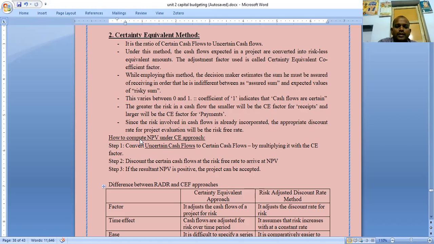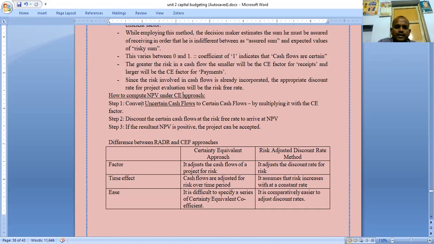So how to compute the NPV under the certainty equivalent approach? First, convert uncertain cash flows into certain cash flows. Whatever you are expecting, convert them into certain cash flows by multiplying with the certainty equivalent factor.